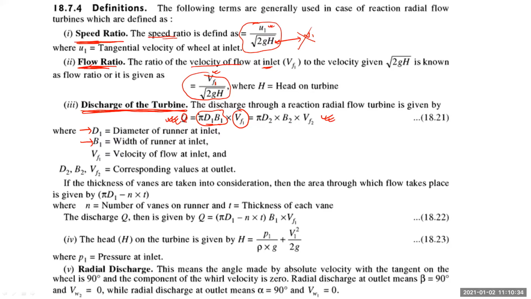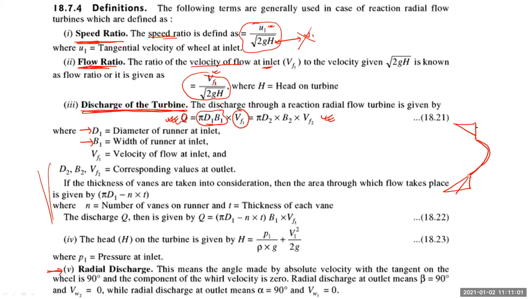One more thing that is important here, these things you may or may not see. I'm telling you only important things. Radial discharge. What is the meaning of radial discharge? In the outlet triangle, if you remember, we were drawing the velocity triangle diagram. Suppose this is your curved vane, on this side you were drawing your inlet velocity diagram, and on the outlet side we were drawing like this.